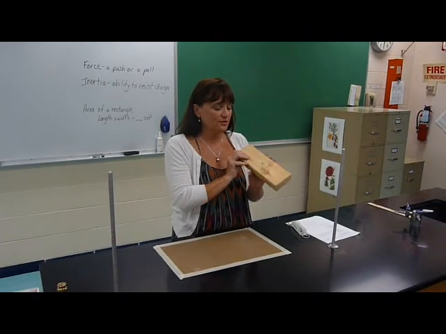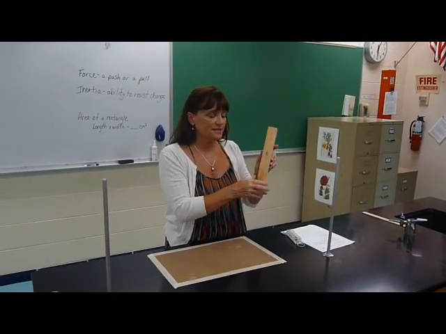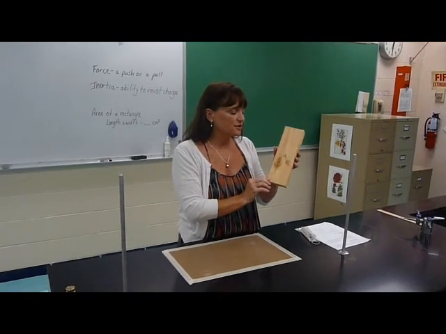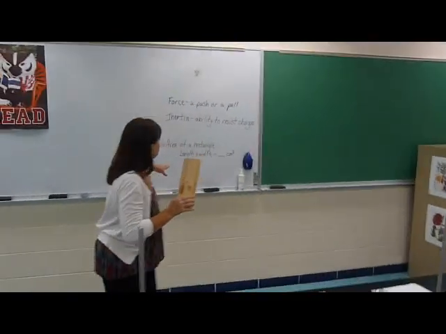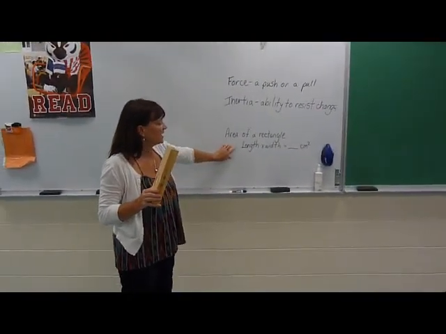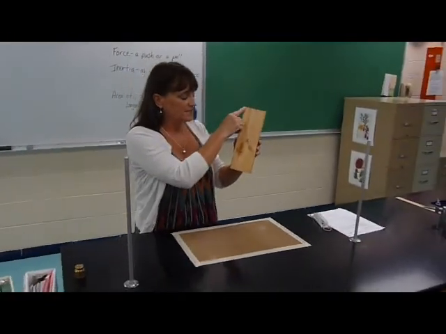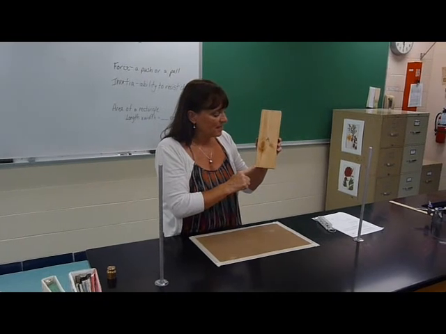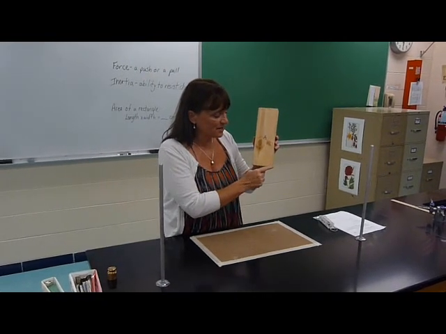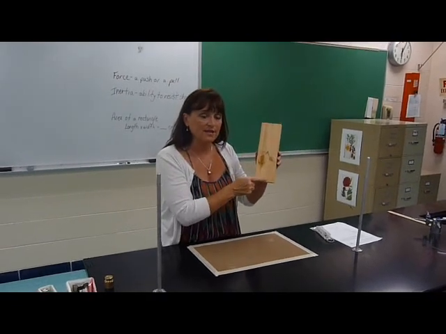Now your blocks have two surfaces, the side A, which is the larger surface, and the side B. So to measure surface area, the formula for surface area, just a rectangle, just as a reminder, is length times width. So what you're going to do is measure the A side of your rectangle, the length of it, in centimeters, and then you're going to measure the width of it, also in centimeters, and you're going to multiply length times width.